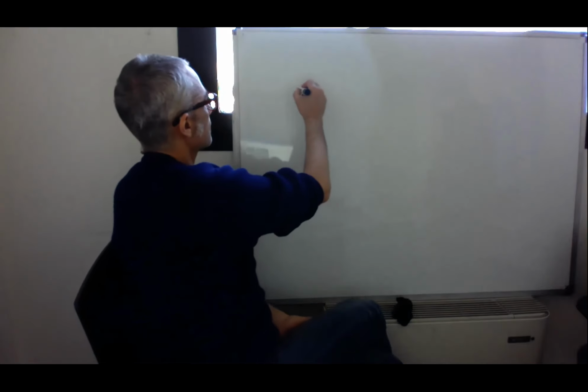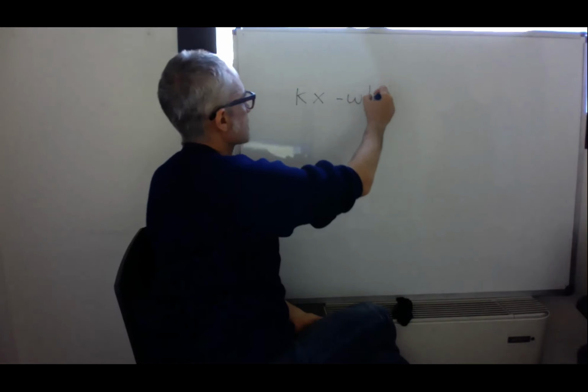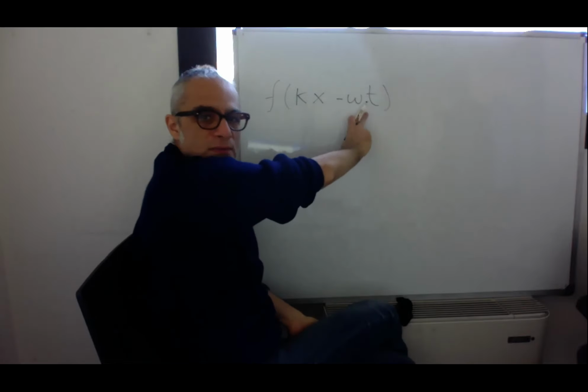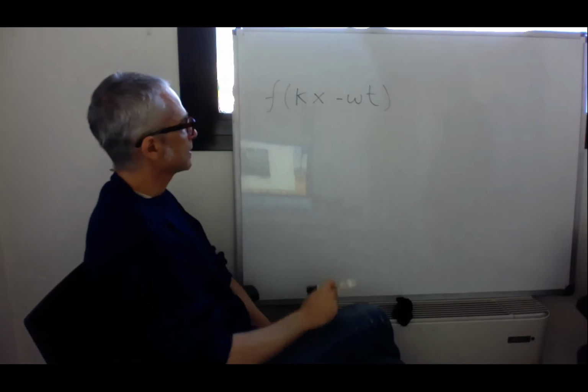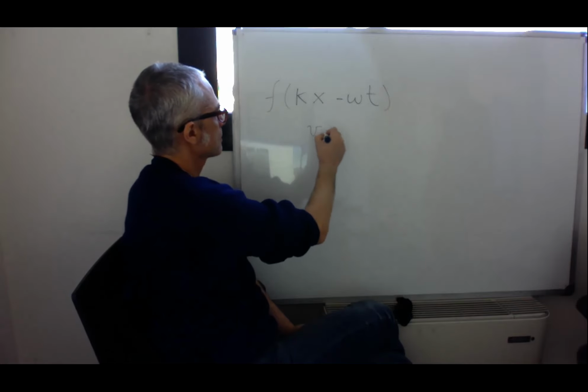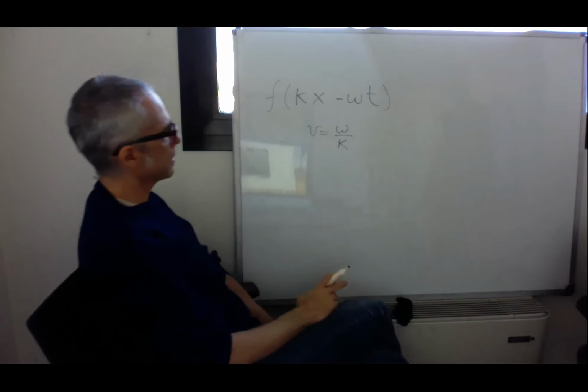You remember that in the string the solution is a function with this argument, and the speed of propagation is given by omega over k.